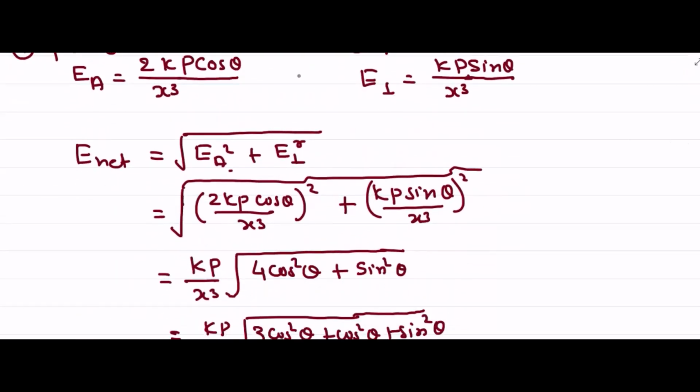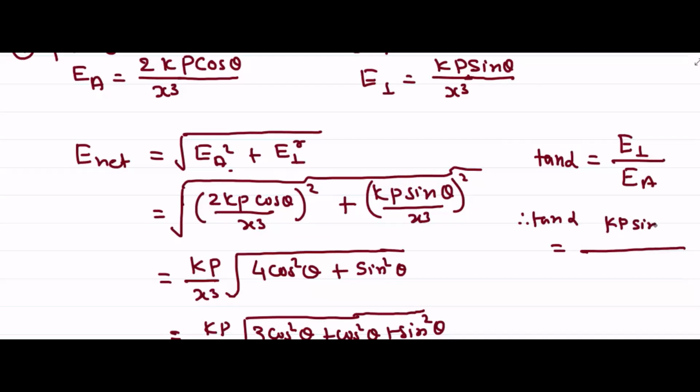So tan alpha is equal to E perpendicular upon E A. E perpendicular is Kp sine theta by x cube, and Ea is 2 Kp cos theta by x cube.